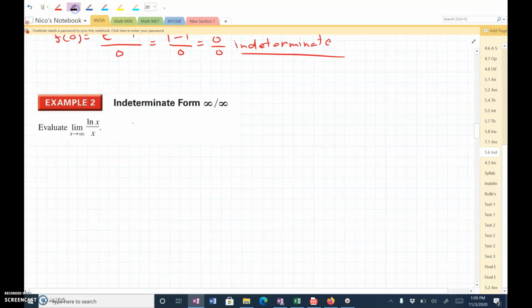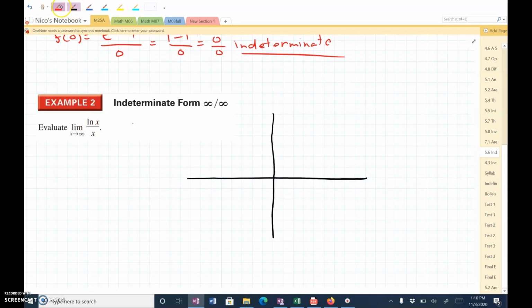Alright, taking a look at this one, the limit of the natural log of x all over x as x goes to infinity. So first of all, this would be y equals x.